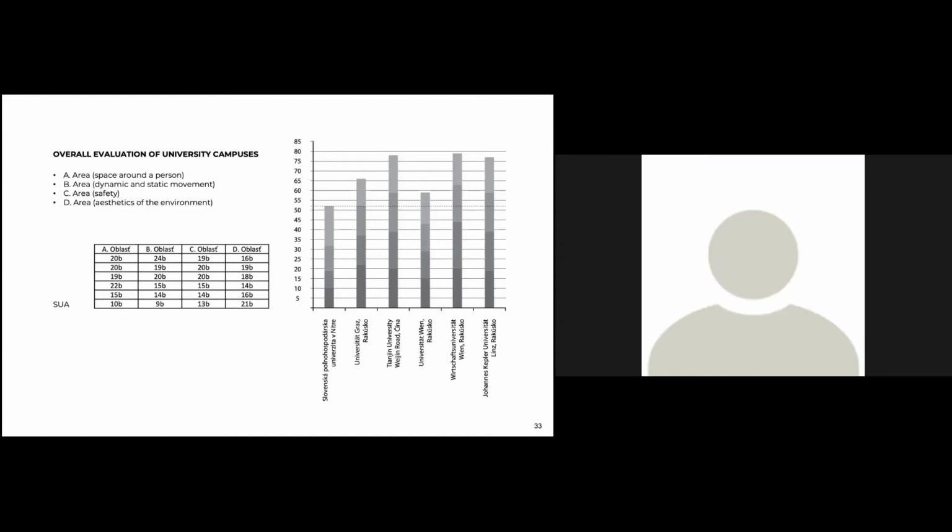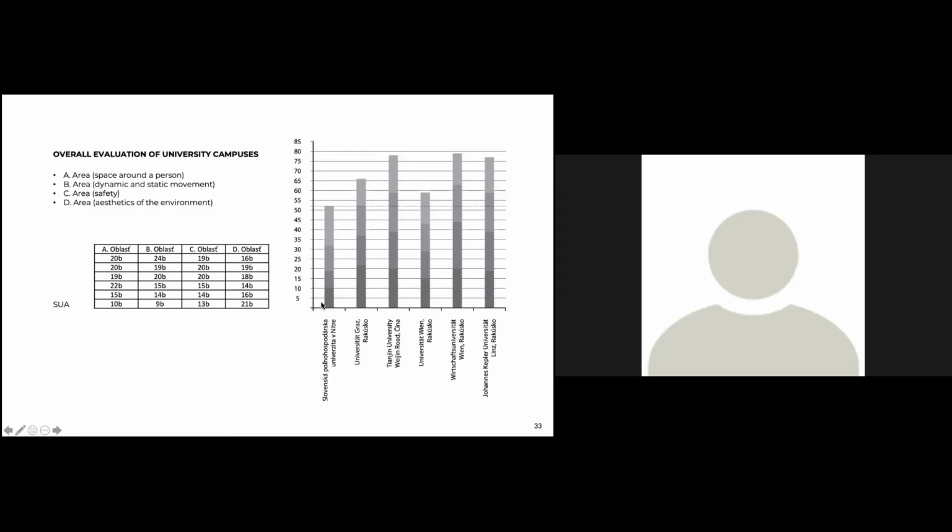This is the overall evaluation of university campuses. As you can see, those university campuses which received the most points were the Economic University in Vienna, Tianjin University in China, and Johannes Kepler University.